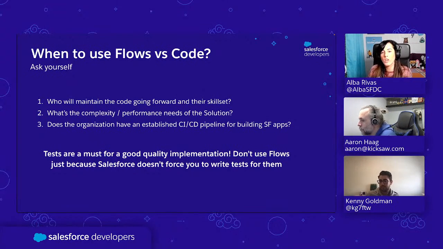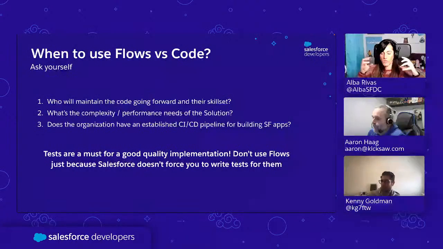Because for solutions that are written with code, it is normally easier to integrate those solutions into your CI/CD pipeline because everything is automated, right? And you can deploy your code and execute your tests in a very simple way.